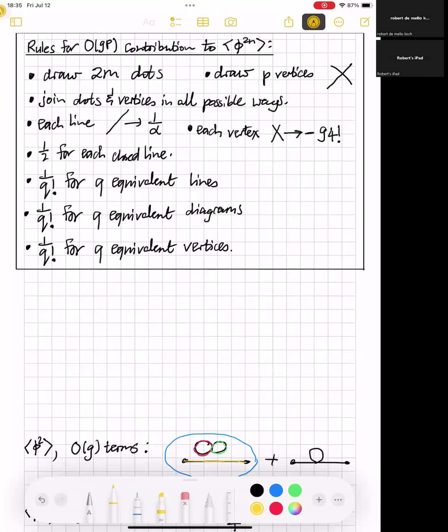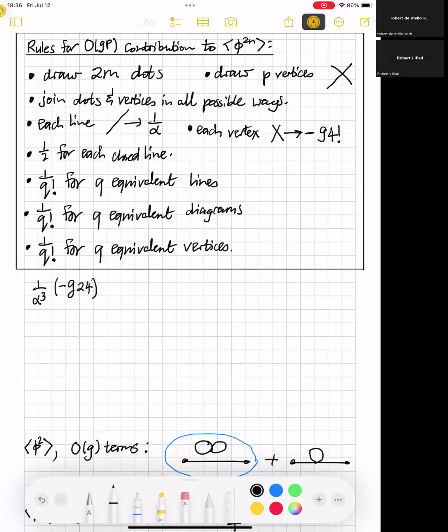So this diagram has a total of 3 lines. Because it's got 3 lines, it will have 1 over alpha cubed. Then how many vertices does it have? There is a single vertex on this diagram. So because there's only one vertex, we will have a minus g times 4 factorial, which I'm going to write as 24.